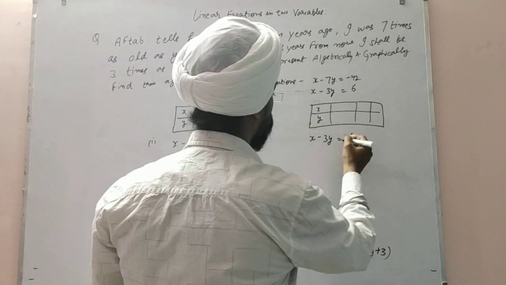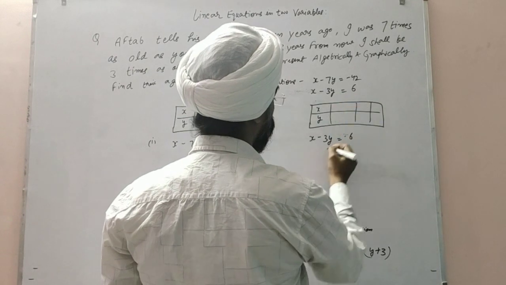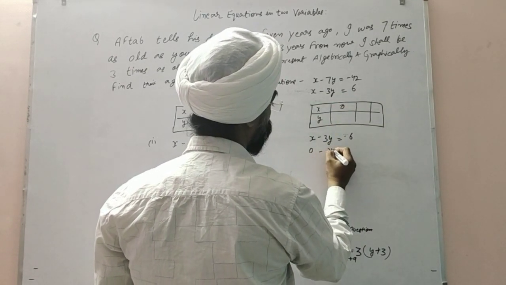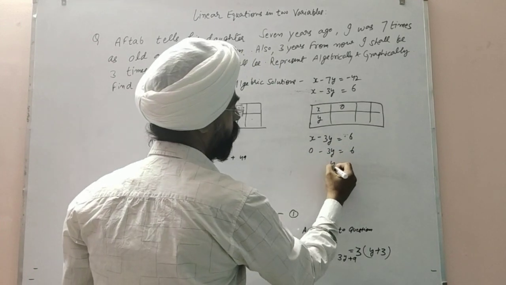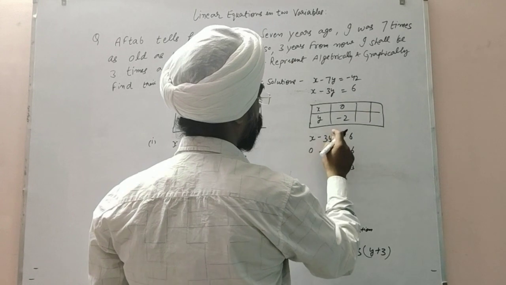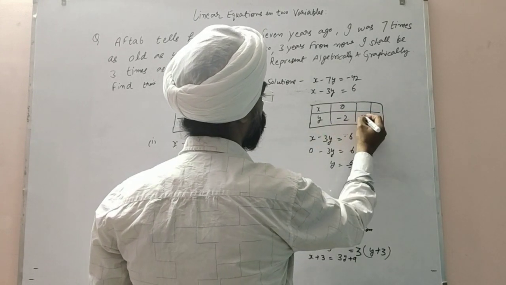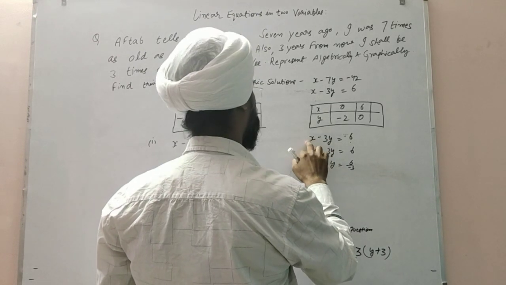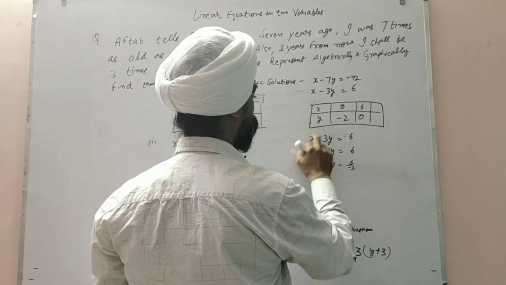So let's see in the second equation. If we take x as 0, it will give you y equal to 6 by minus 3, which is minus 2. If we take y as 0, x will become 6.